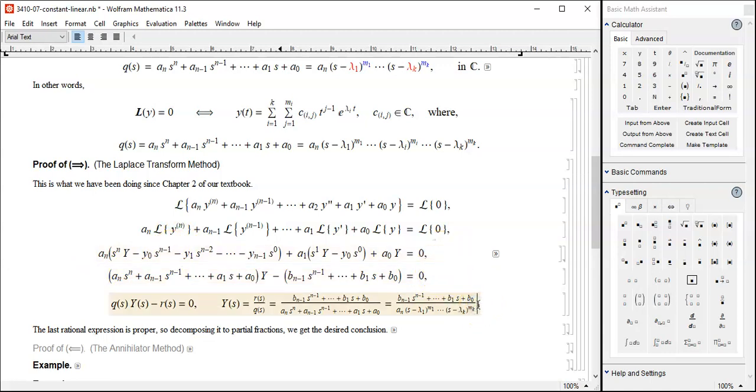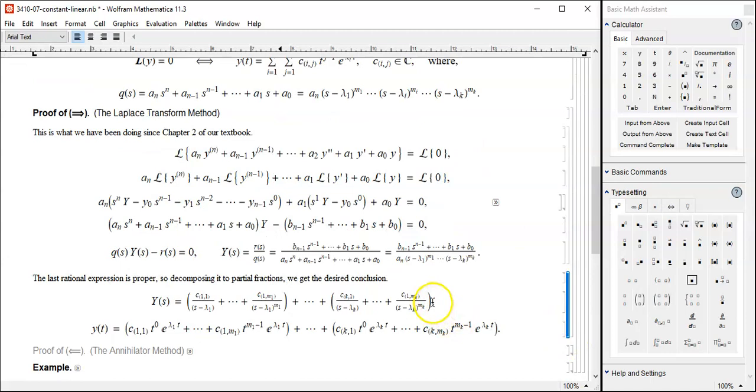Consequently, if you solve for capital Y, you're going to get R of s over Q of s, where R is a polynomial of degree at most n-1, and Q is a polynomial of degree n, so this is a proper rational expression. And thus, we can decompose it using the fundamental theorem again, factor the denominator, and then decompose it by partial fractions.